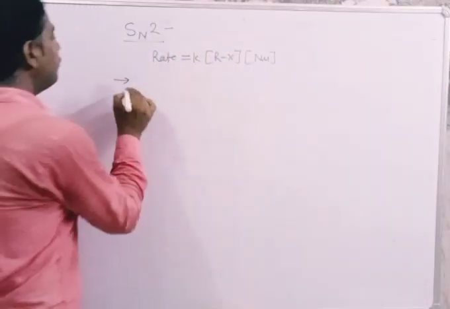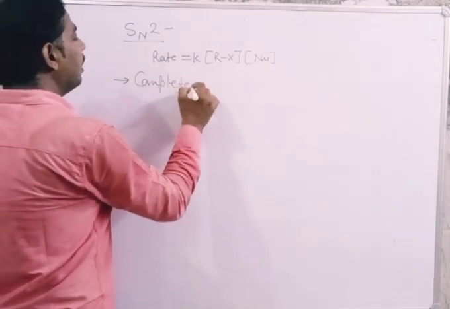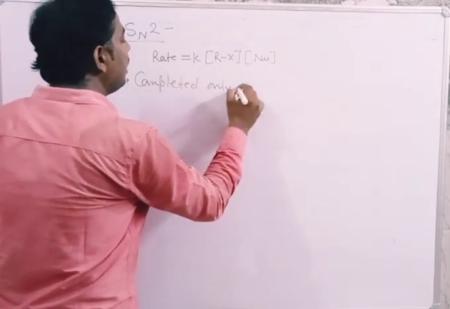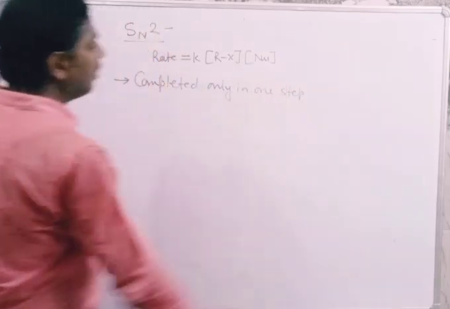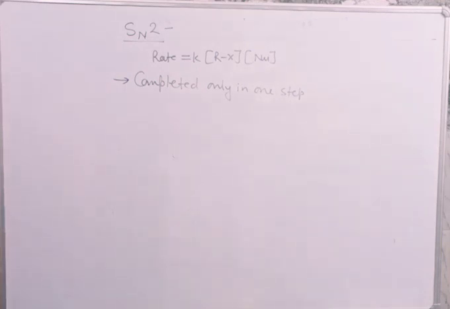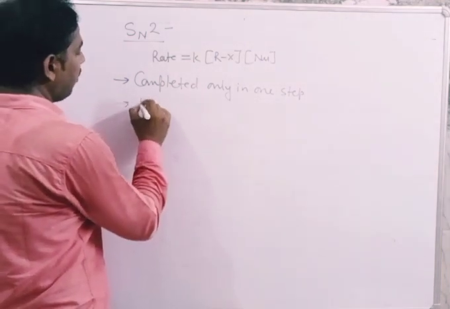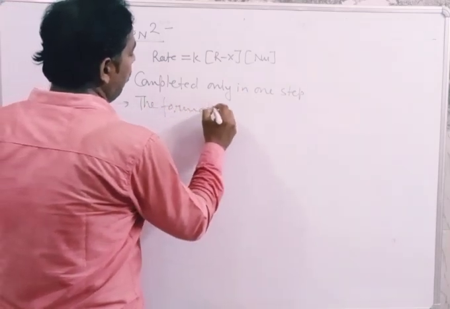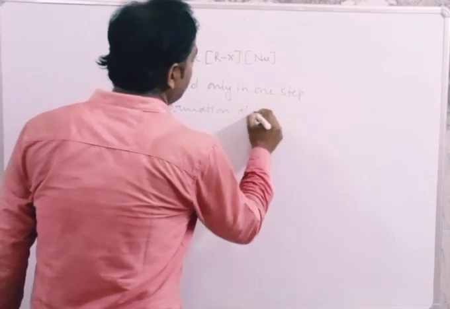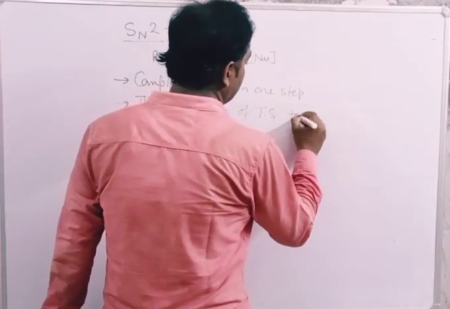SN2, the name is SN2, but it is completed only in one step, and the formation of a transition state, TS for short, takes place.